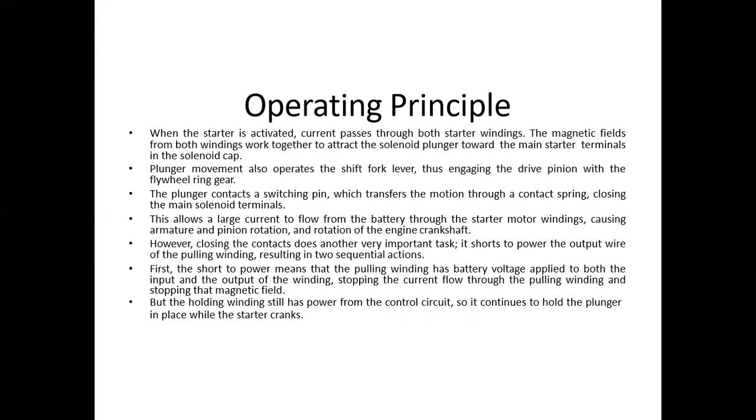Plunger movement also operates the shift fork lever, engaging the drive pinion with the flywheel ring gear. The plunger contacts a switching pin, which transfers the motion through a contact spring, closing the main solenoid terminals. This allows a large current to flow from the battery through the starter motor windings, causing armature and pinion rotation and rotation of the engine crankshaft.